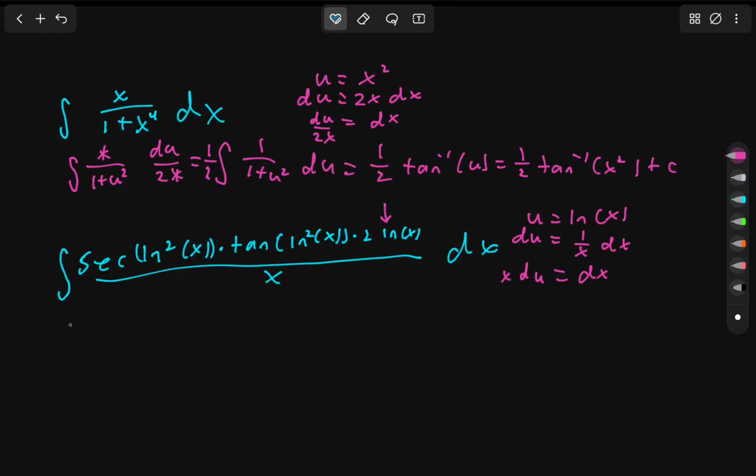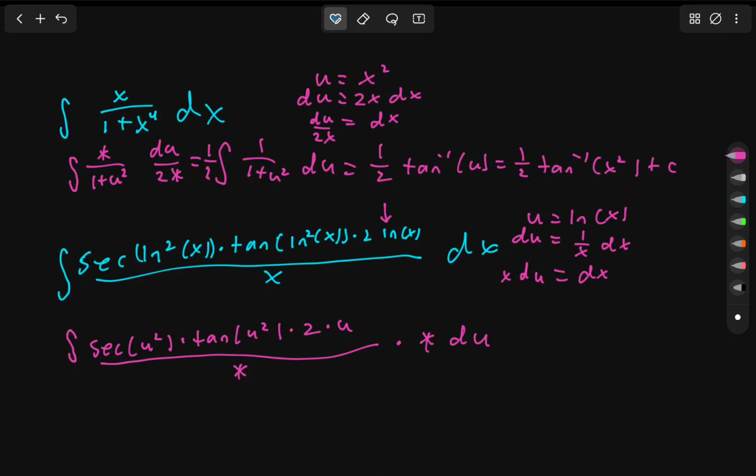We can now sub in u to our expression here, so we get secant of u squared times by tangent of u squared. However, we now also have 2 times by u. All of this is over x times by x du. This x and this x will cancel, so now we have everything in terms of u.